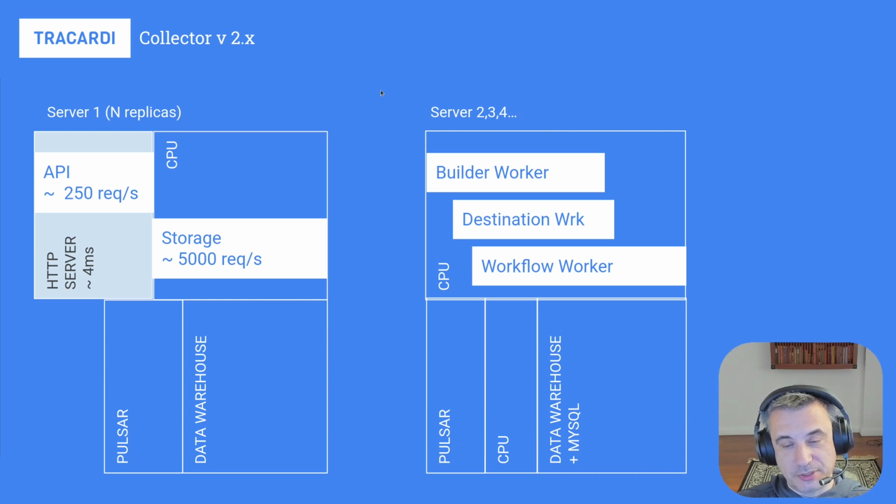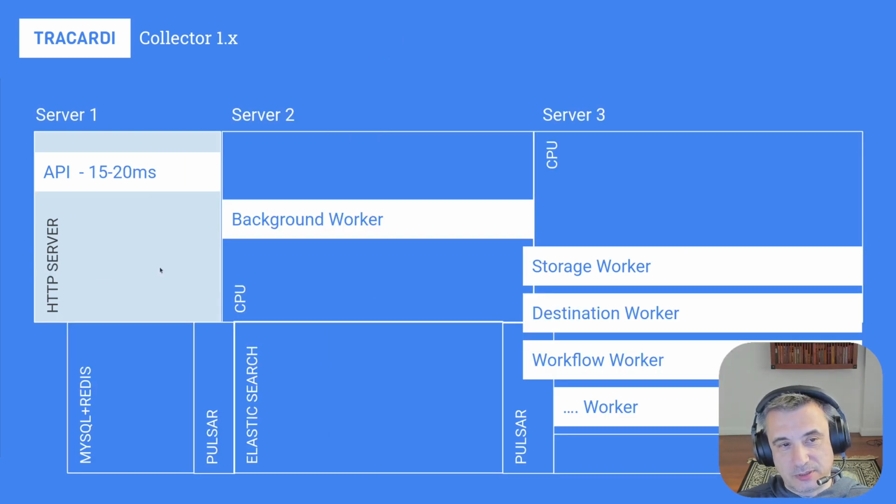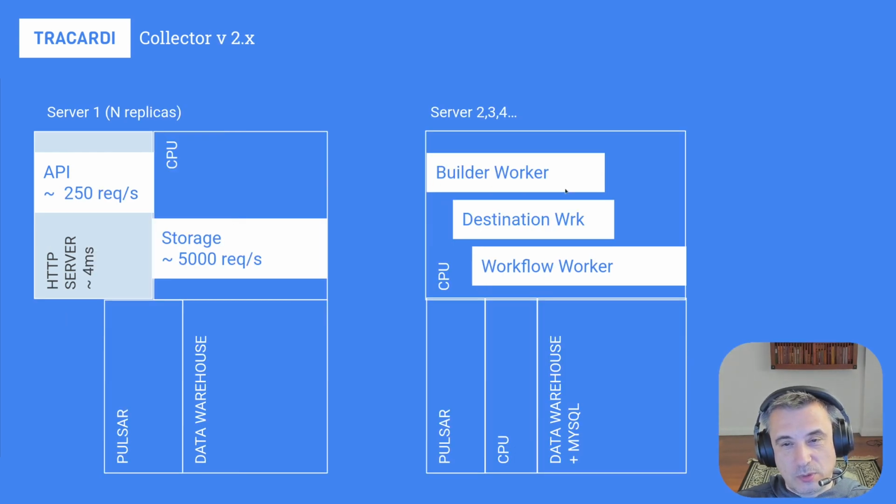And then there's a separate process. It's not in a sequence like in the previous version. There we had the sequence, so there was one server, and then the sequence went to the background worker. The background worker could not start working without the API sending it the data. But right now, the build worker is totally separate. It just runs from time to time, gets the data from the warehouse and processes it every minute, or every 15 minutes. It depends on the configuration.